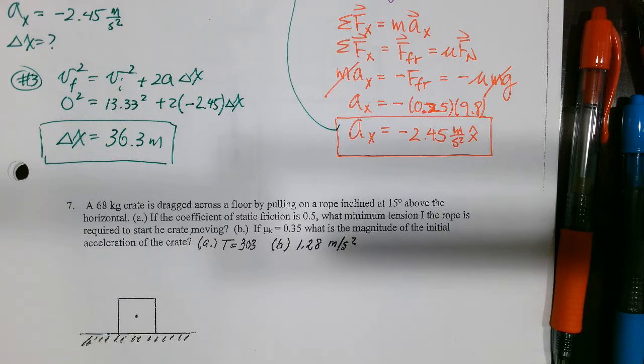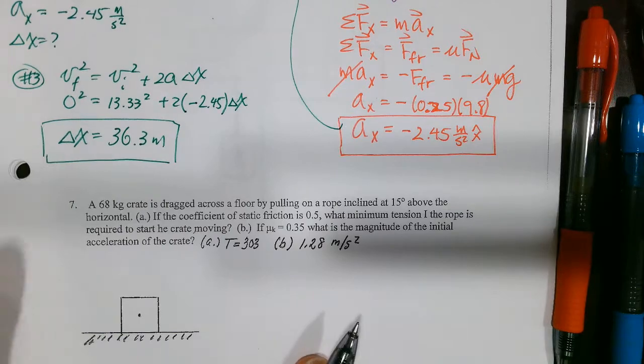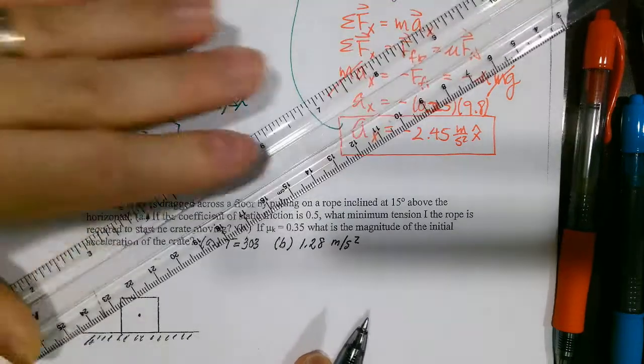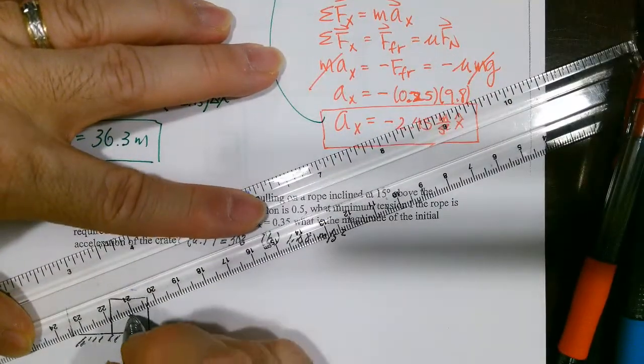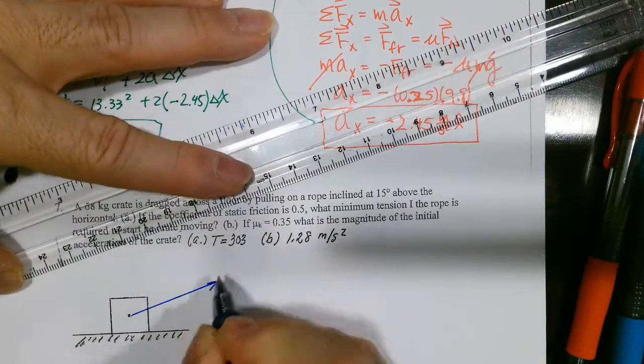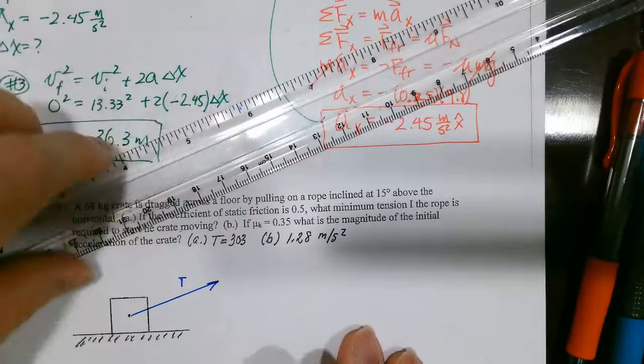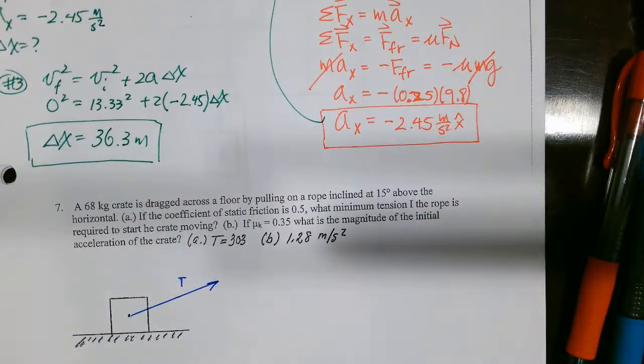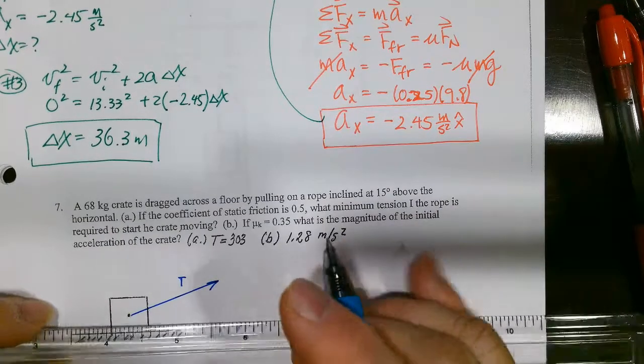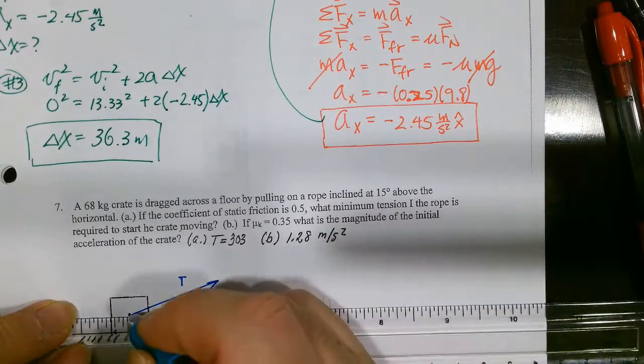A 68 kilogram crate is dragged across the floor by pulling on a rope inclined at 15 degrees. So here I have 15 degrees of tension. Here's my tension. And this tension will have its horizontal and vertical components.